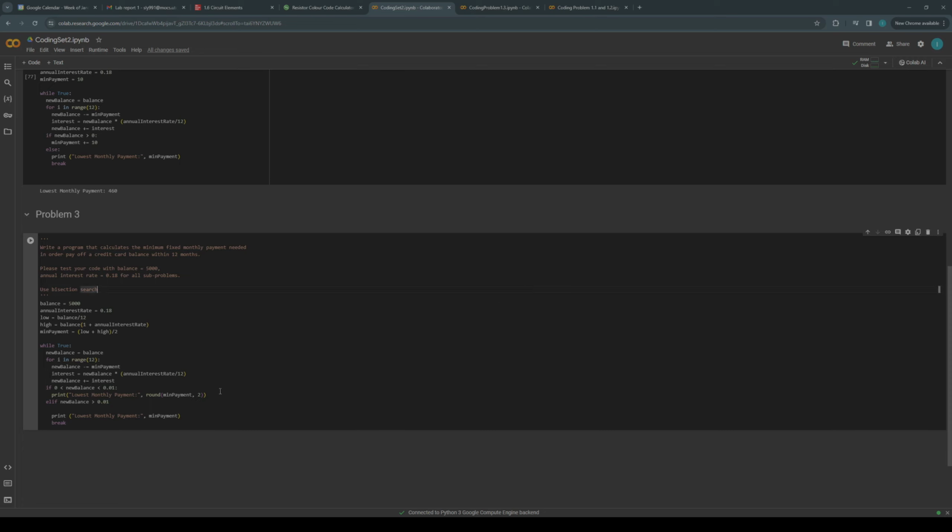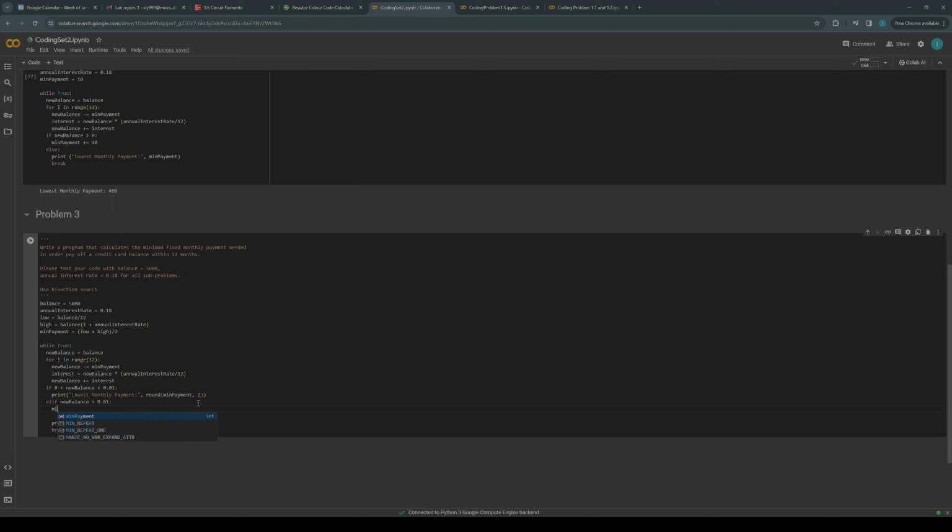Then low is going to be equal to our minimum monthly payment. Because the lowest bound at that point is obviously going to be that minimum monthly payment.